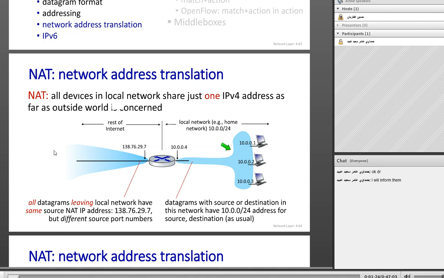To do this, I need some valid IP addresses. Valid IP means that my IP address must be unique around the world in the internet.